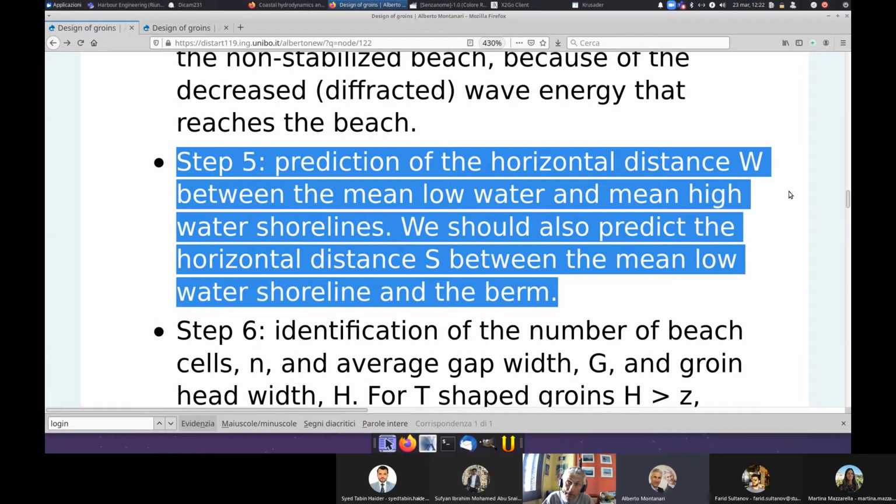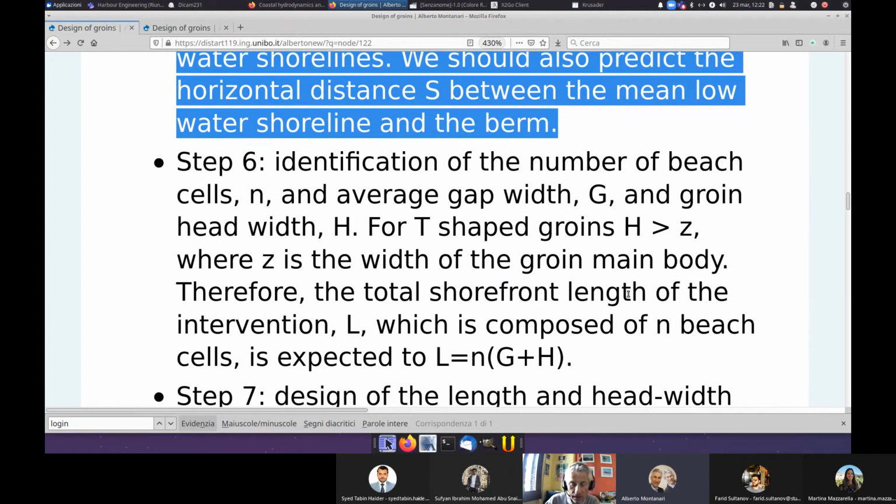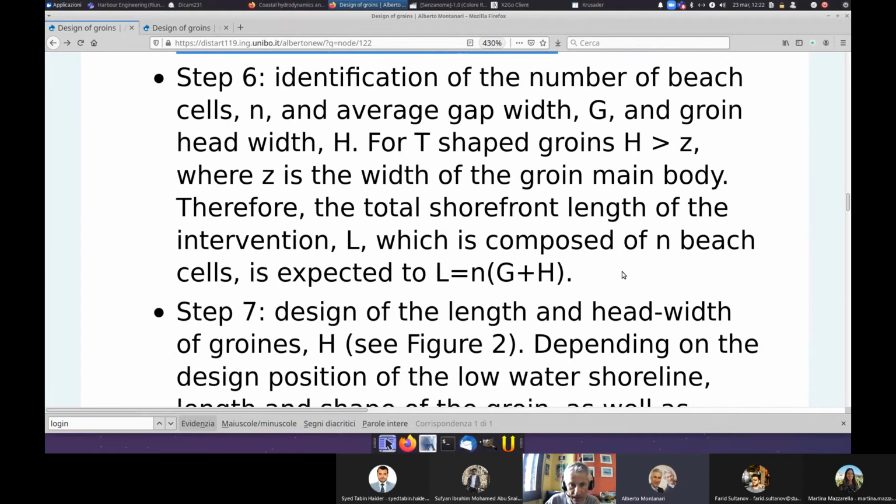You may look at the same beach before the intervention and take into account that you will have a change in the slope, a reduction of the slope. This is important because what you should identify is the position of the new shoreline, the position of the new berm.